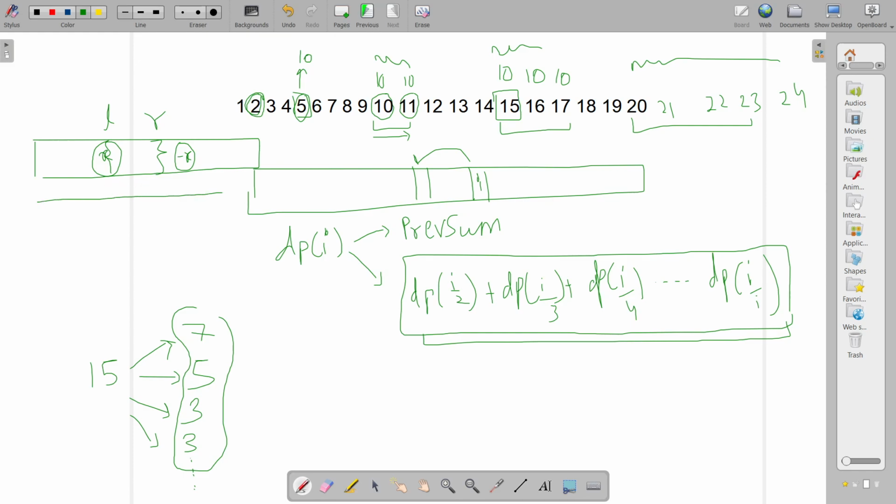So when you take the summation, it would be 0, 0, 0. When you reach L, it would be X. Then the next elements would also be X up till R, and this would cancel it out. Then it would again be 0, 0, 0. If I can figure out this range, then I would add 5 here and subtract 5 here in the prefix array. So I maintain another array which is a prefix array.